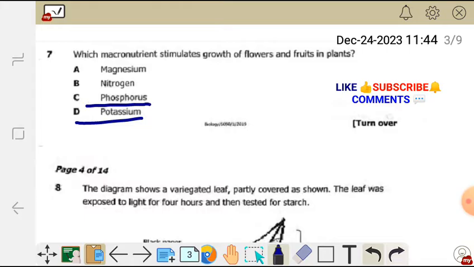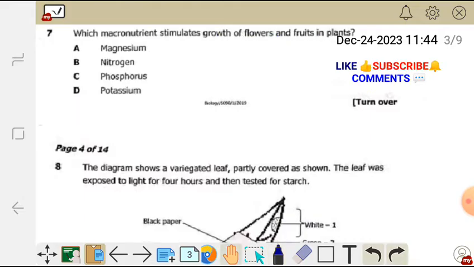Phosphorus stimulates the growth of roots. For roots to grow, we need phosphorus in the plant. Magnesium, chlorophyll. So chlorophyll, the green pigment in the plants, is as a result of magnesium. But for flowers and fruits, it is potassium. So question 7, the correct answer is D.